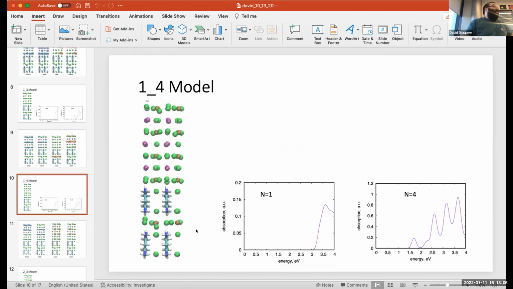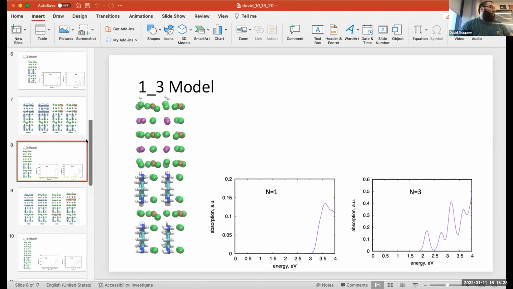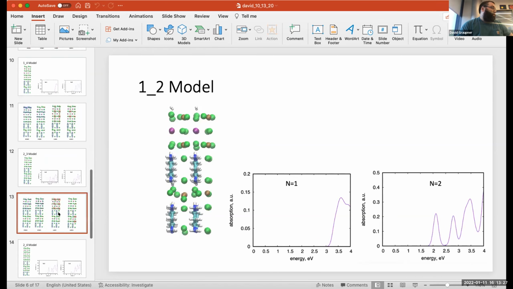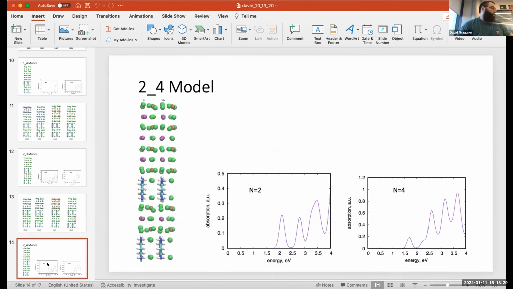So if you look at this page, this is what I mean by heterostructure or multi-layered model. You see that I have an n equals 1 layer, then on top of it there's an n equals 4 layer. What were the other molecules you have here?